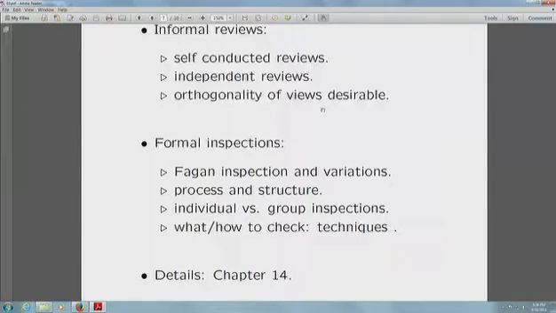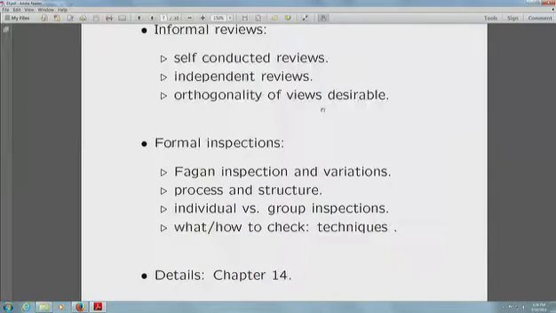Because you have a group of people, you need some coordination, so you need a coordinator or moderator, and some kind of role assignment is necessary.